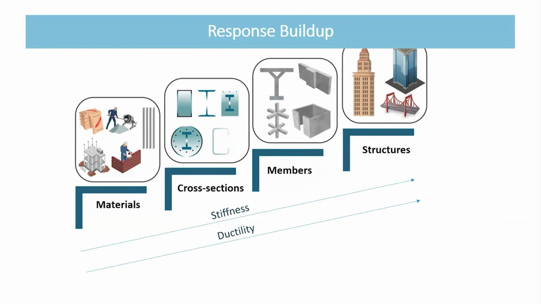Similarly, ductility is built up the same way: material ductility to structural ductility, and the energy from material level energy, which is the strain, all the way to structural energy that we can evaluate. So we have the build-up of the response from the material upwards to the structure.